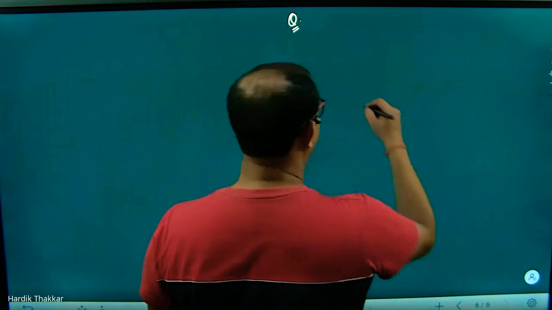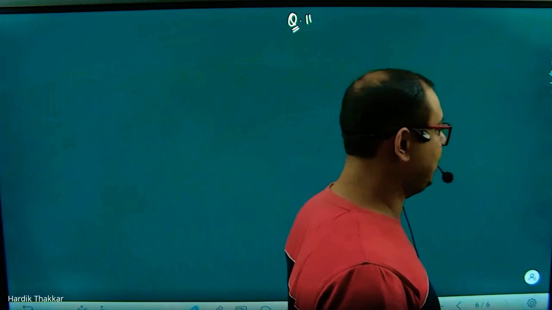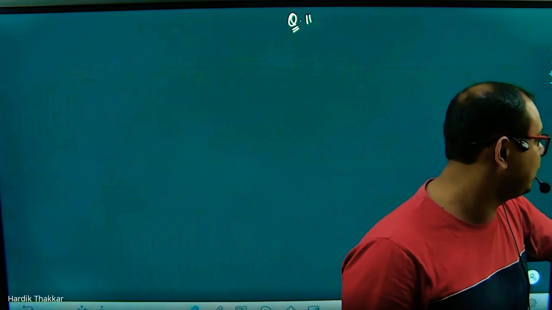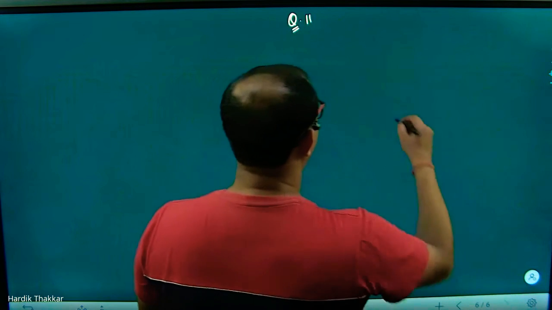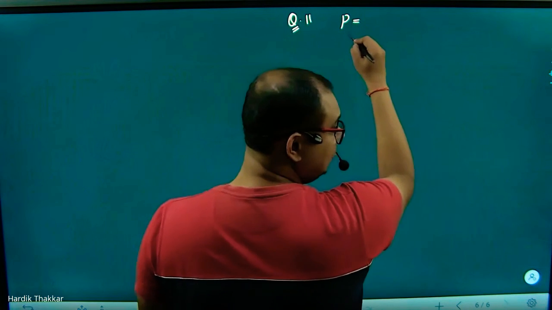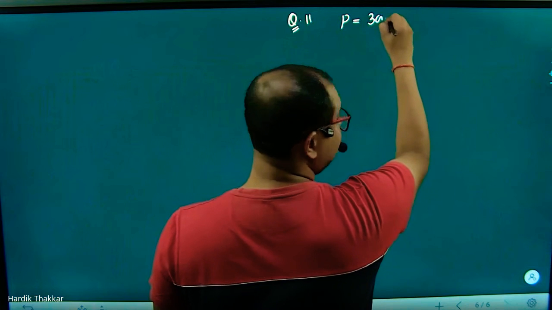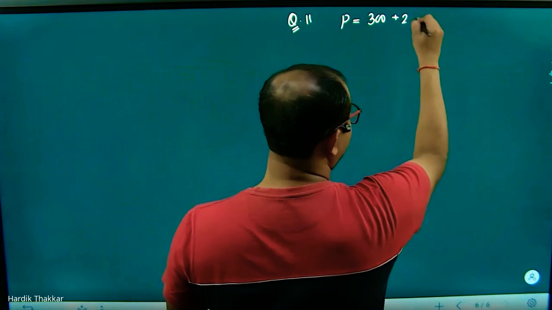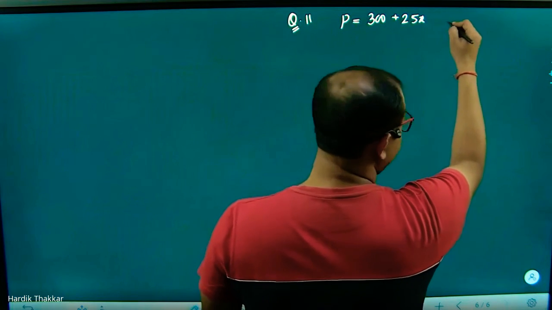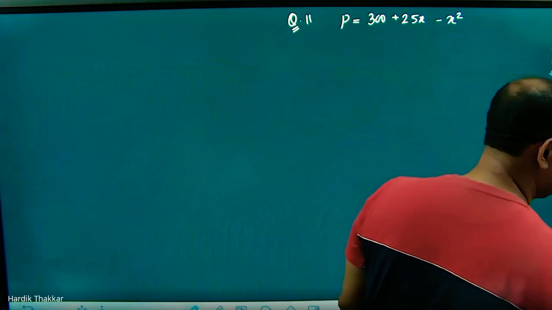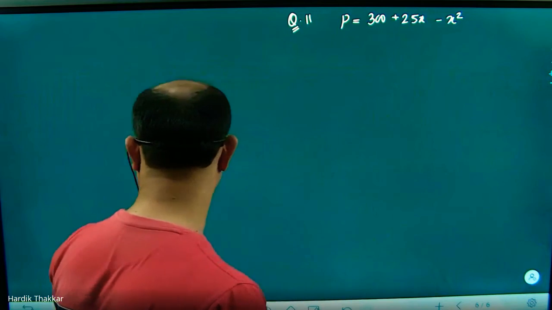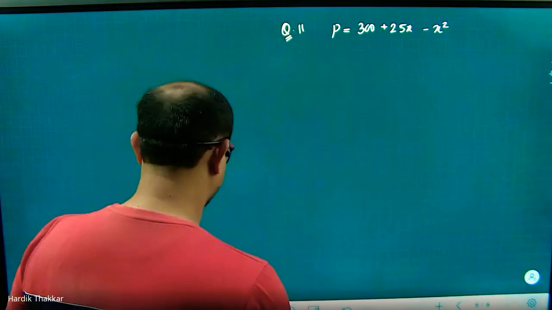Question number 11. Now, in question number 11, the demand of a certain product is presented by this equation. P is equal to 300 plus 25x minus x square. Find the marginal revenue function.